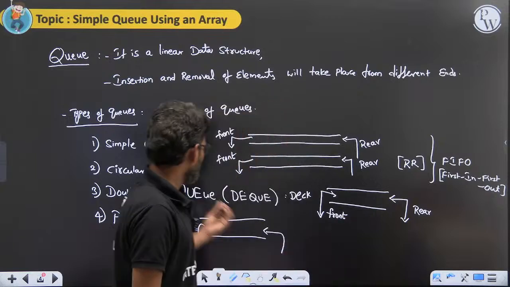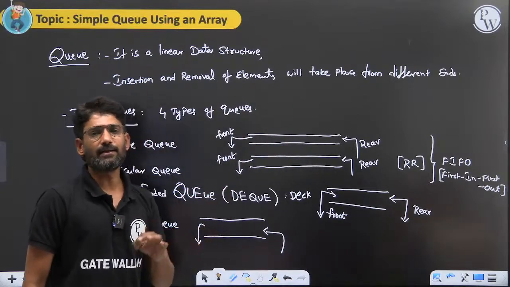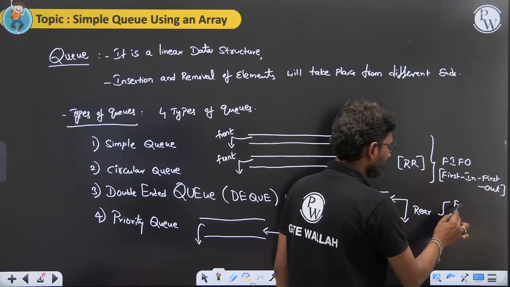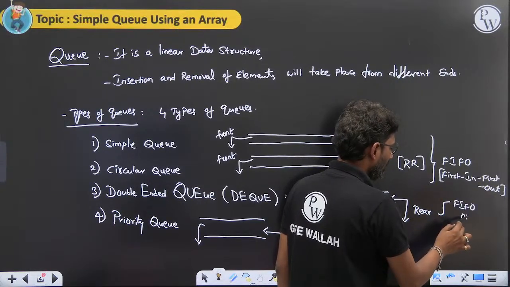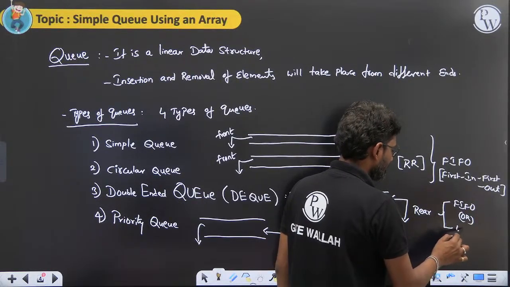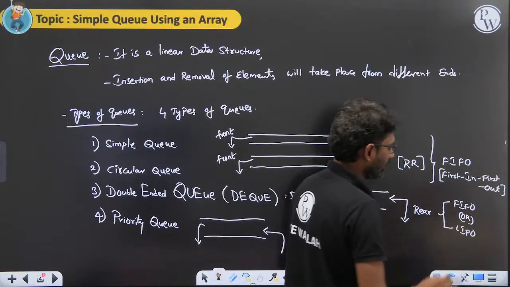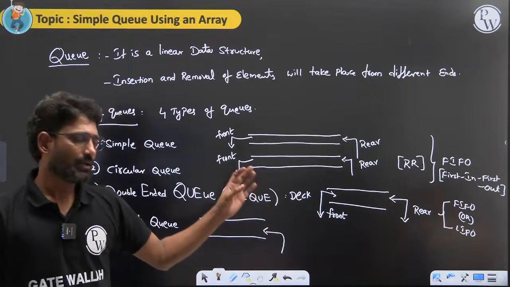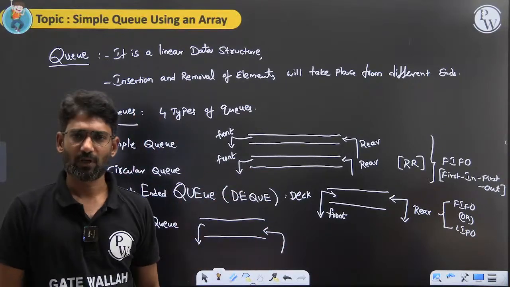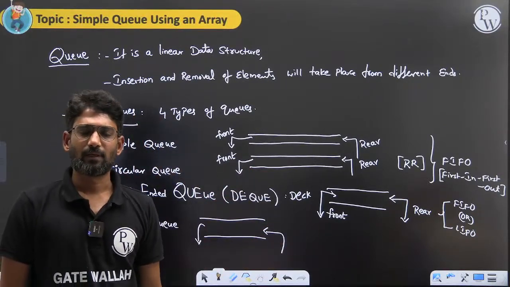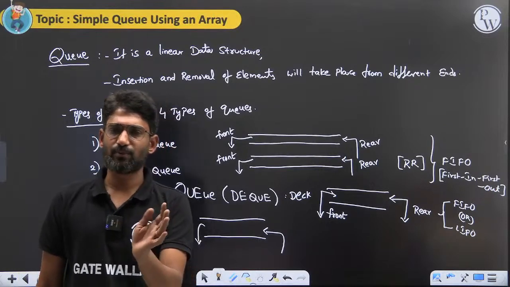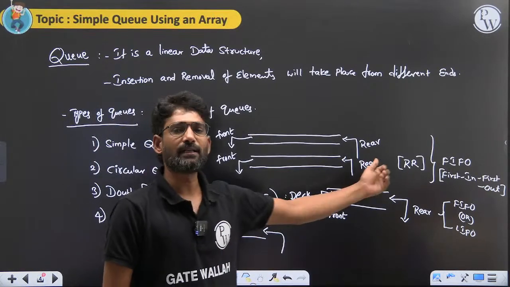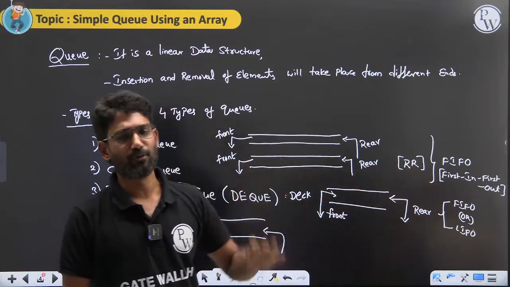Whereas deck, double-ended queue, we may use either in first in first out or last in first out. So deck advantage is that deck can be used as stack, used as a simple queue or circular. So deck can be used as both stack and queue. So it may work in either FIFO manner or LIFO manner.